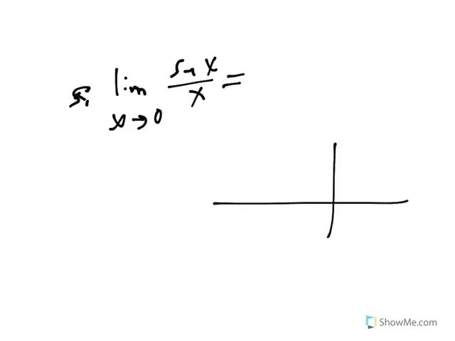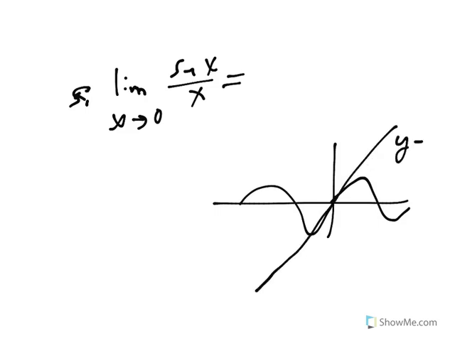So as x gets really small, here's like a picture of a sine curve. And here's a picture of y equals x. And for very small values of x, this little area right here, the sine curve is almost on top of this line. So for very small values of x, limit of sine x over x equals 1.